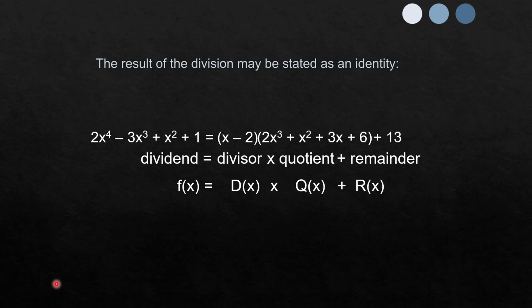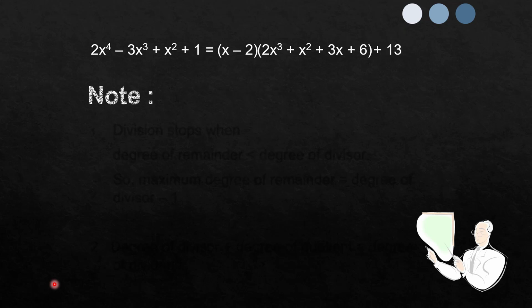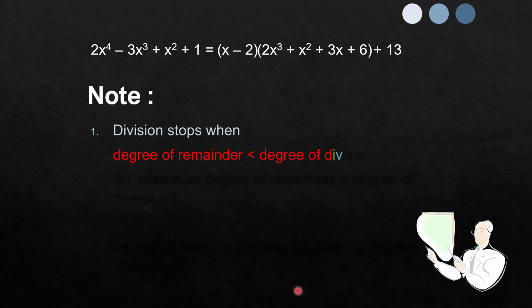Yeah, please remember DQR. Then, please notice that first, the division stops when? Do you know when? If you see the relation between the remainder and the divisor, the degree of the remainder is less than the degree of the divisor.